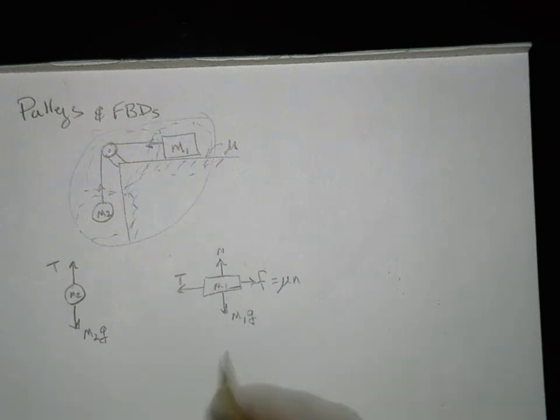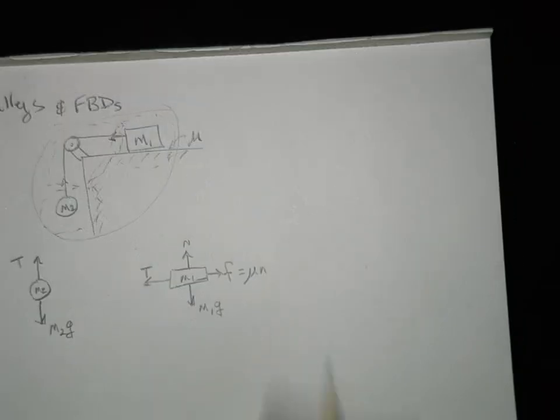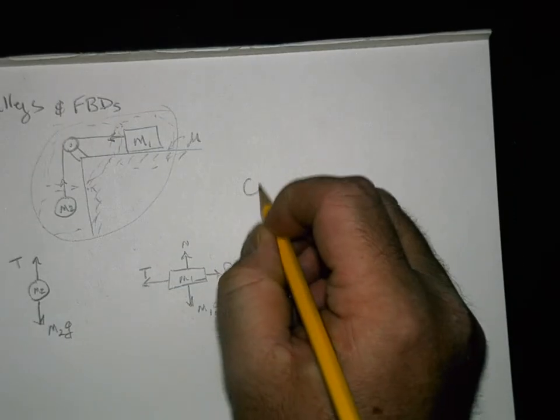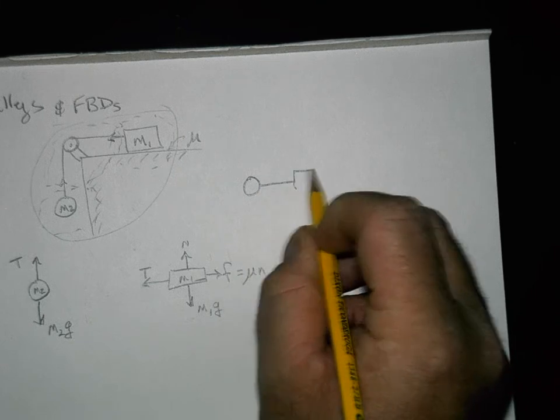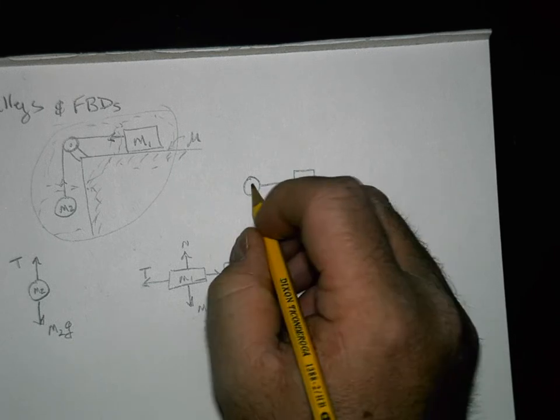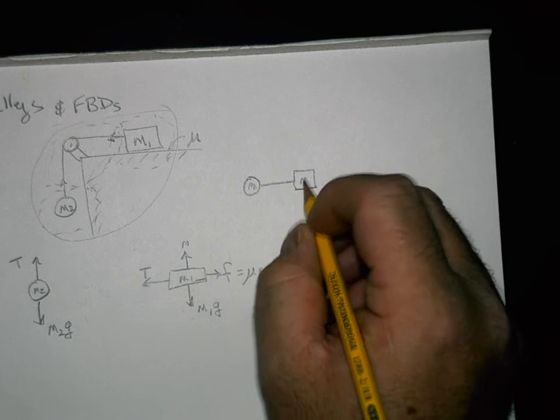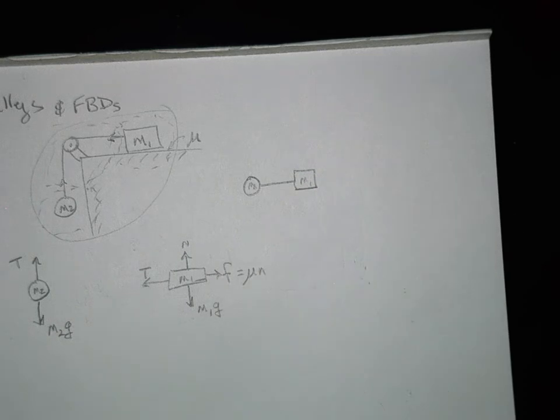And so what are we going to have? We're going to have mass 2 and mass 1 connected to each other. So now we can create a free body diagram with the two masses together.